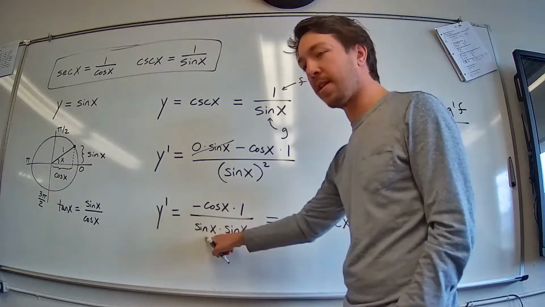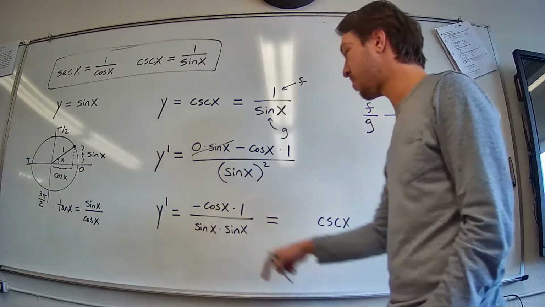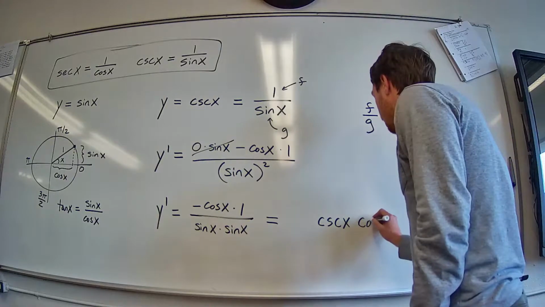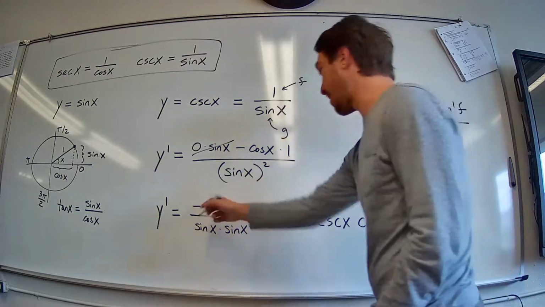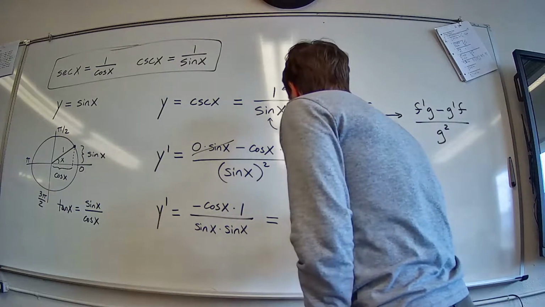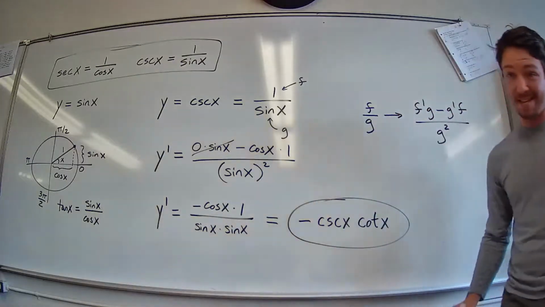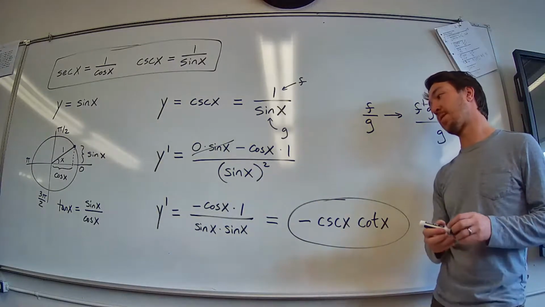And cosine over sine, who remembers what that is? Cotangent of x. And don't forget the negative sign.